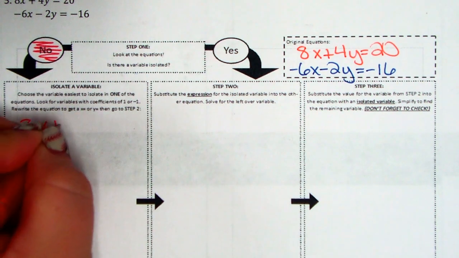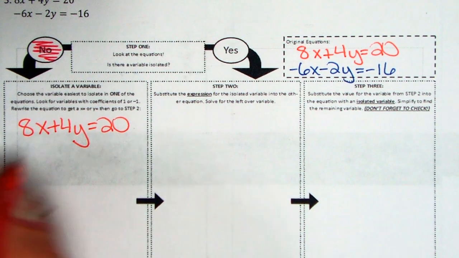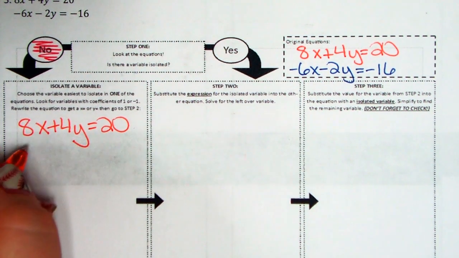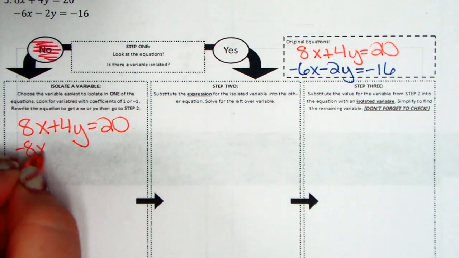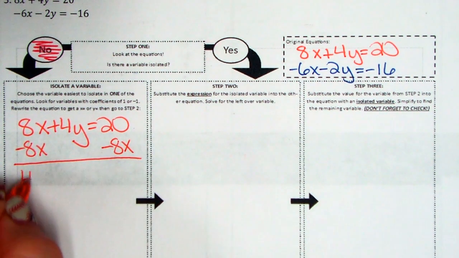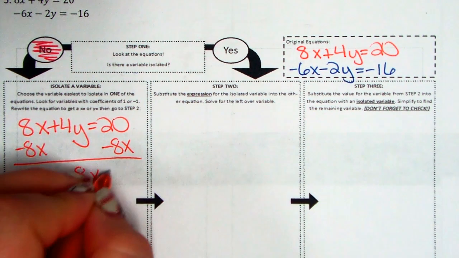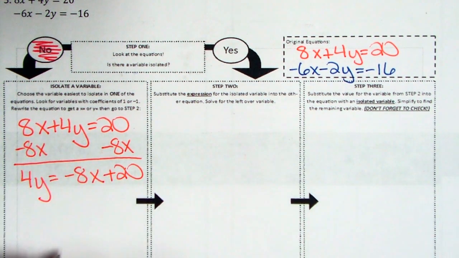So 8x plus 4y equals 20. We're going to isolate y. So we'll subtract 8x from both sides, leaving us with 4y equals negative 8x plus 20.